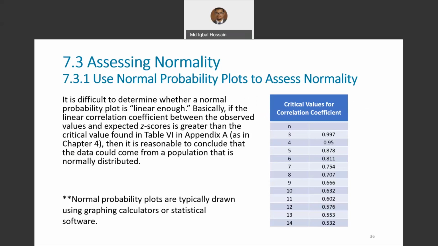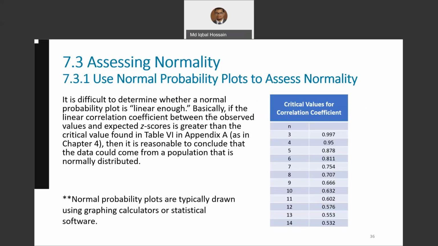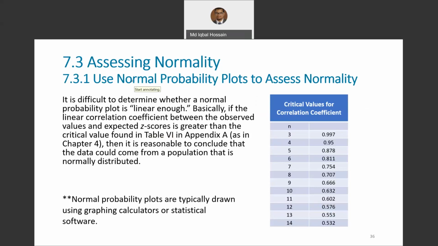Okay, so as I said, we will have our data values, a data value x, and we will also have a value for z. We will have xi and zi. From these two points, we will find the linear relation, the correlation coefficient.